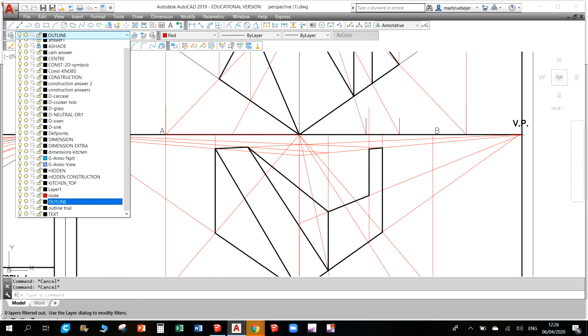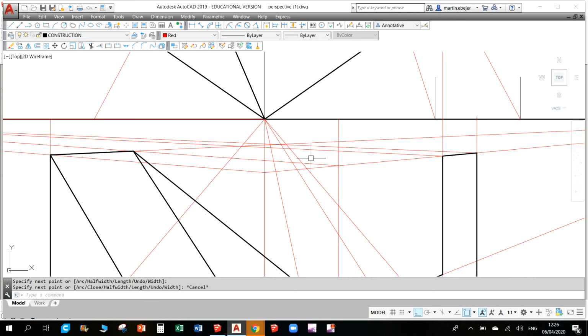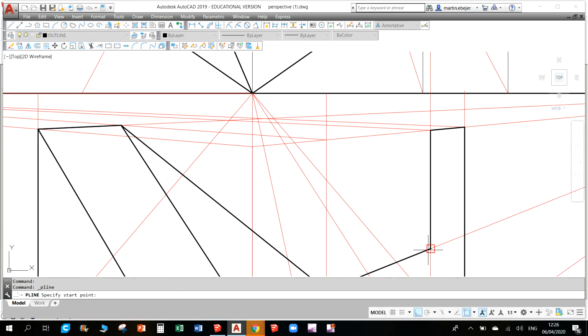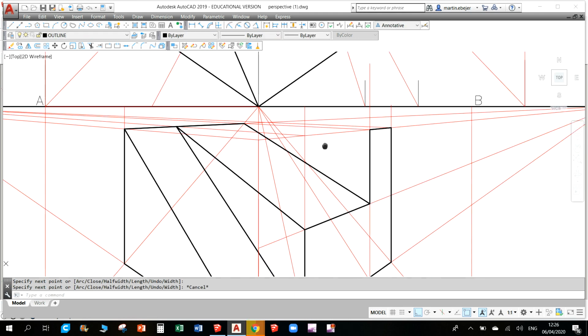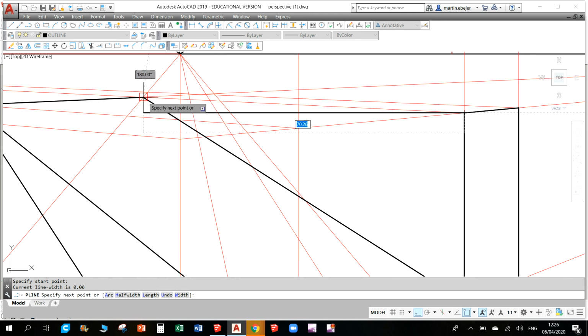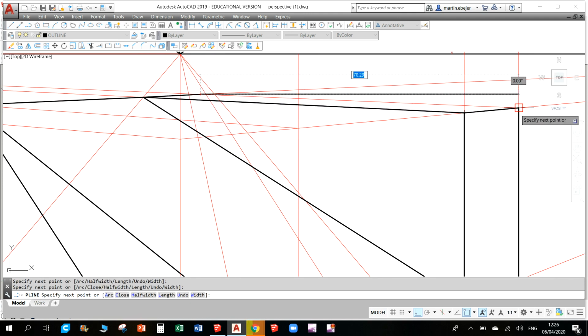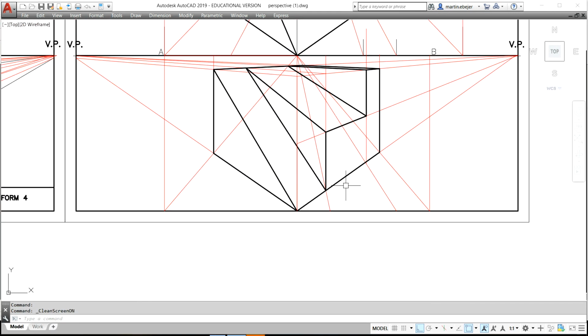The only thing I have missing to find is from here to the vanishing point, so I can find the rest of the second slope, which is from here till there. I'm gonna join. The drawing is almost done. From here I'm gonna join, finishing the drawing, and the perspective is ready.